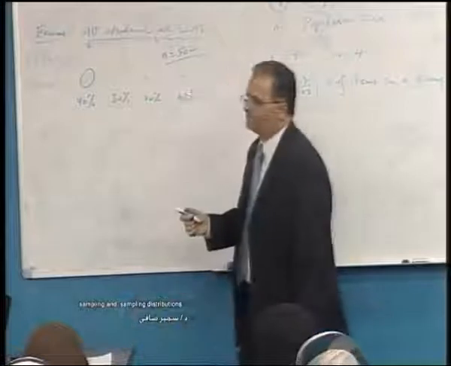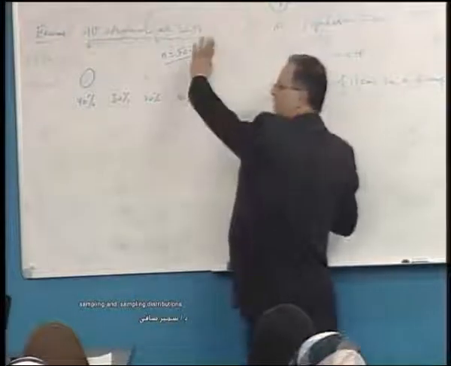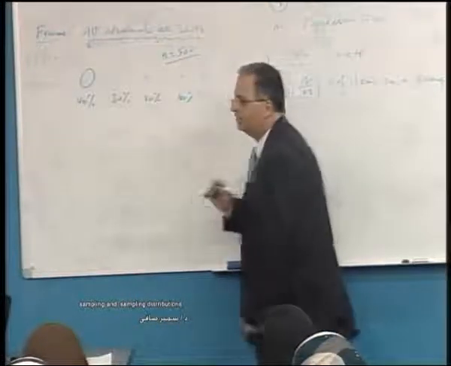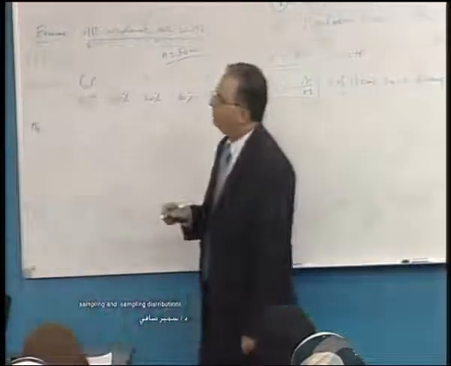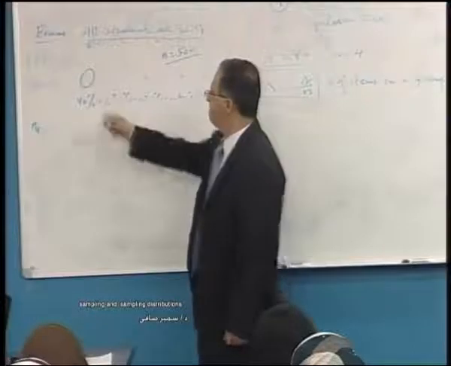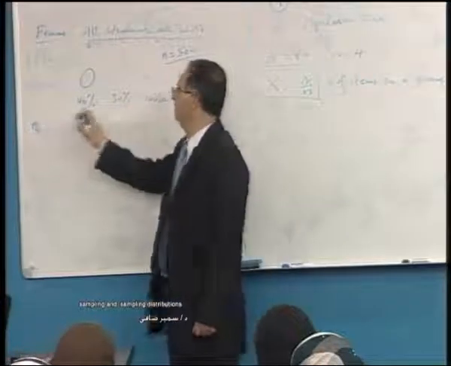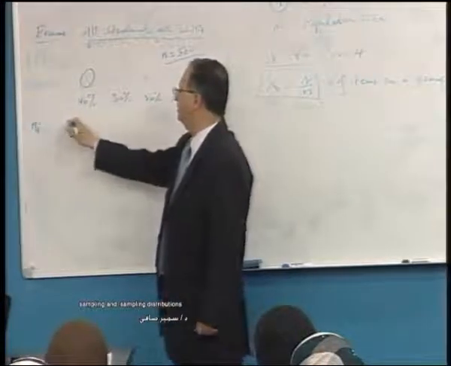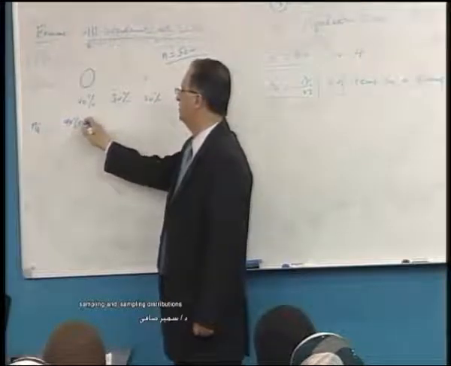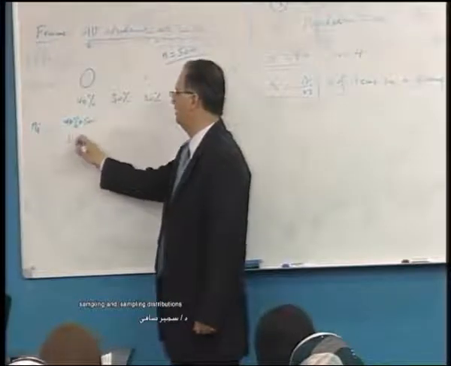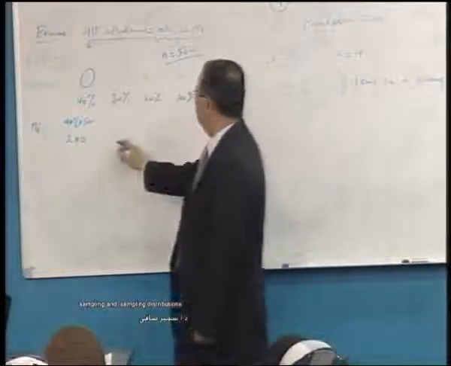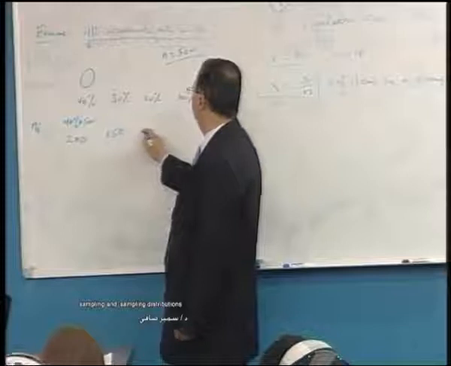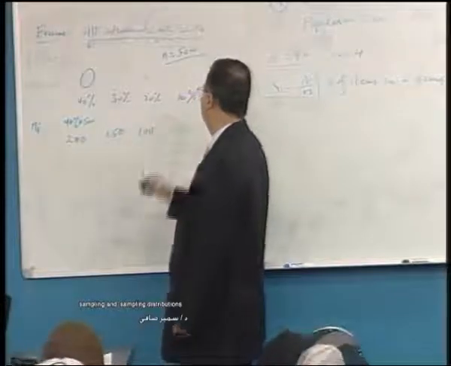Sample size is 500. So the sample for each strata will be, number 1, 40% times 500 gives 200. The next 150, and so on.